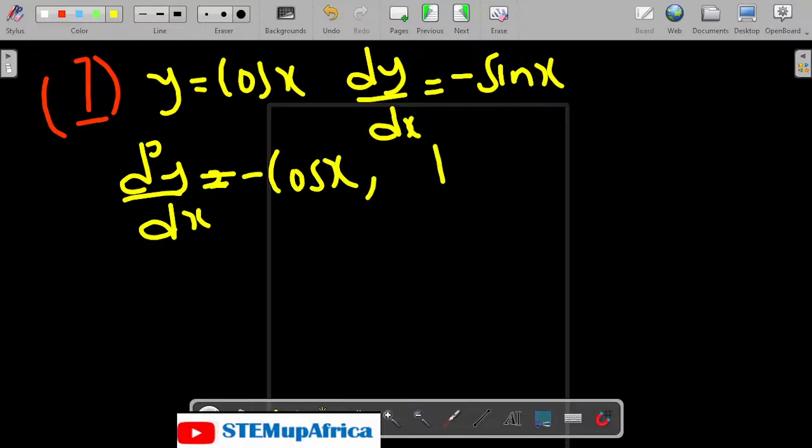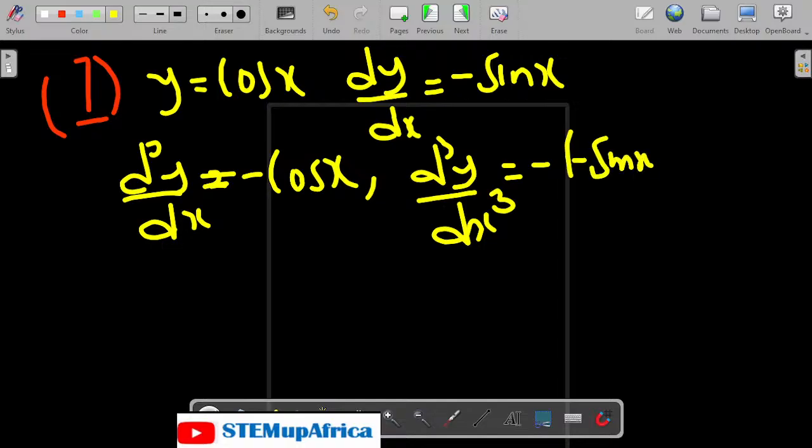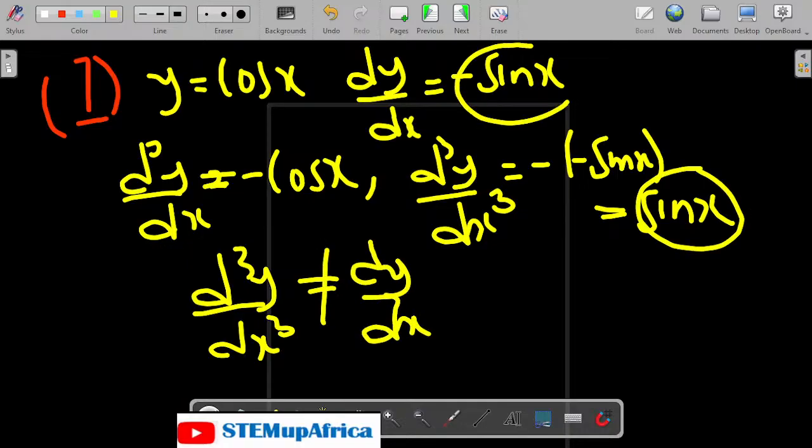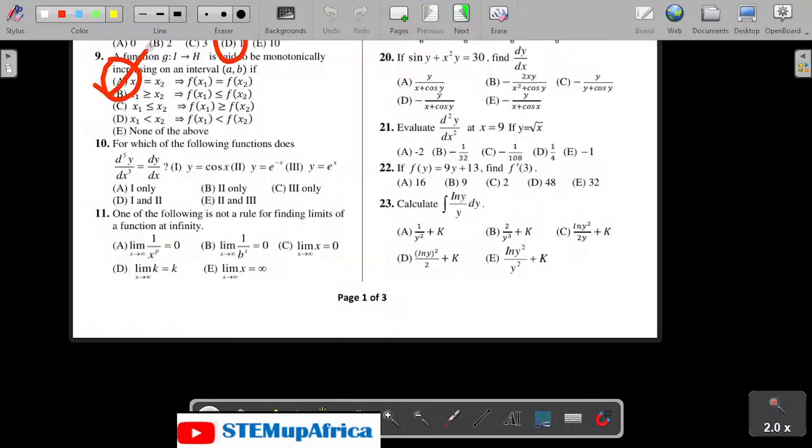If I differentiate the second derivative, that will give us the third derivative, minus into minus sine x. The result is sine x. So you can see that our d cube y over dx cube is not equal to our dy dx. Why? This is positive, this is negative. So the first condition did not hold. So let's strike it out.